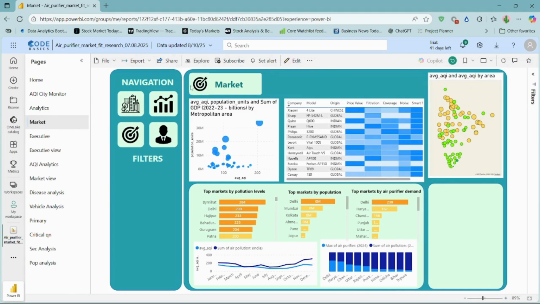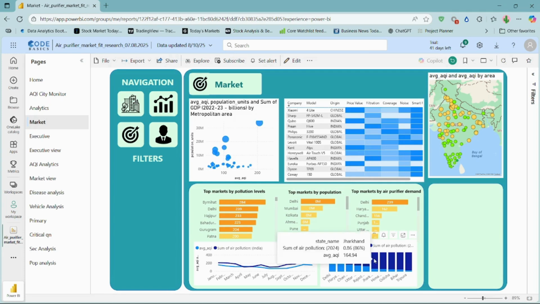Here we can see things related to analytics, various trends, Google Trends that show how air pollution differs across different time zones, and also differences in air purifiers. We can also see the top markets by pollution levels, population, and air purifier demand.